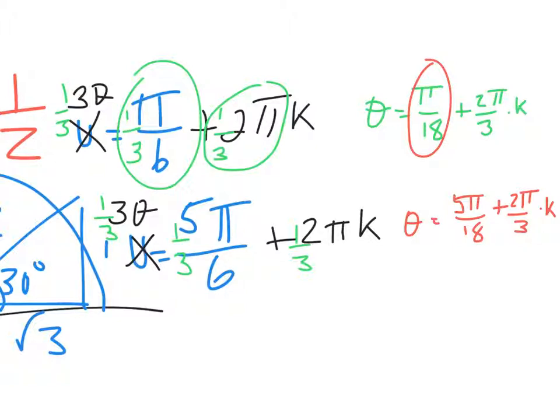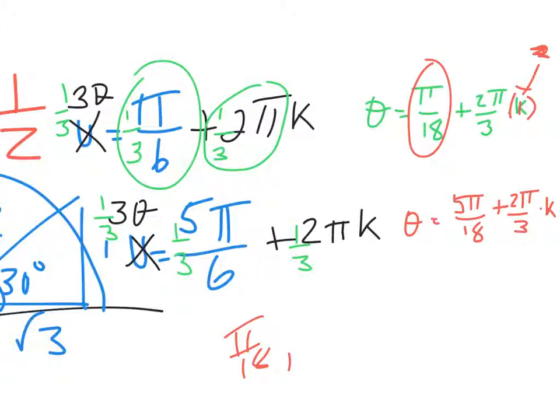K for counter. That's going to be 1 next, and that's going to be 2 next. All right. So I've put in k equals 0, and I got pi over 18. That's my first answer.